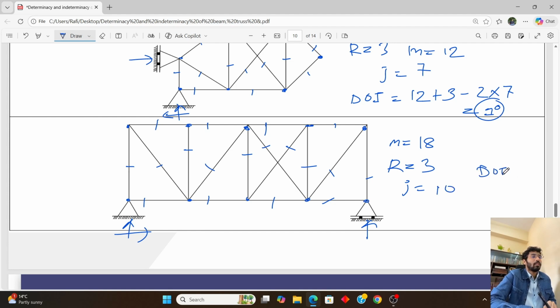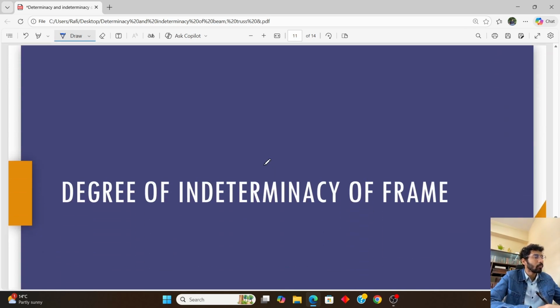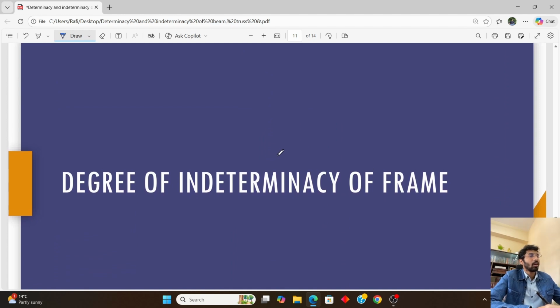So the degree of indeterminacy will be 18 plus 3 minus 2 into 10. That means 21 minus 20, that will be 1. So the degree of indeterminacy is 1 here. Now we will talk about the degree of indeterminacy of a frame.